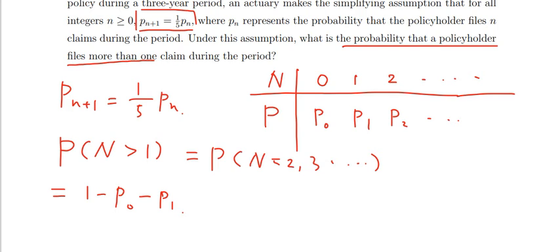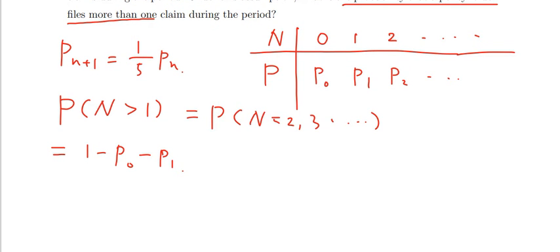We know all the probabilities add up to 1, so the summation of Pk, k equals 0 to infinity, equals 1.